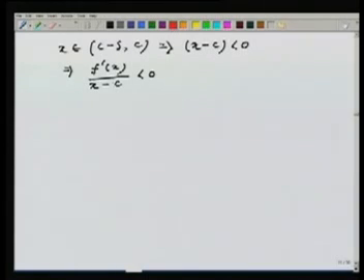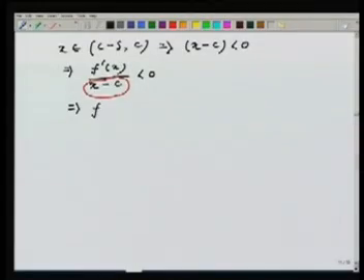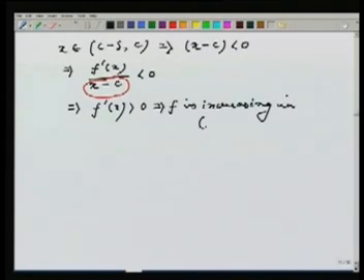That means the denominator is less than 0. The total quantity is less than 0, so the numerator has to be positive. This would then imply that f prime x is strictly bigger than 0. So if x is in (C minus delta, C), f prime x is strictly bigger than 0. But this then implies that f is increasing in (C minus delta, C).